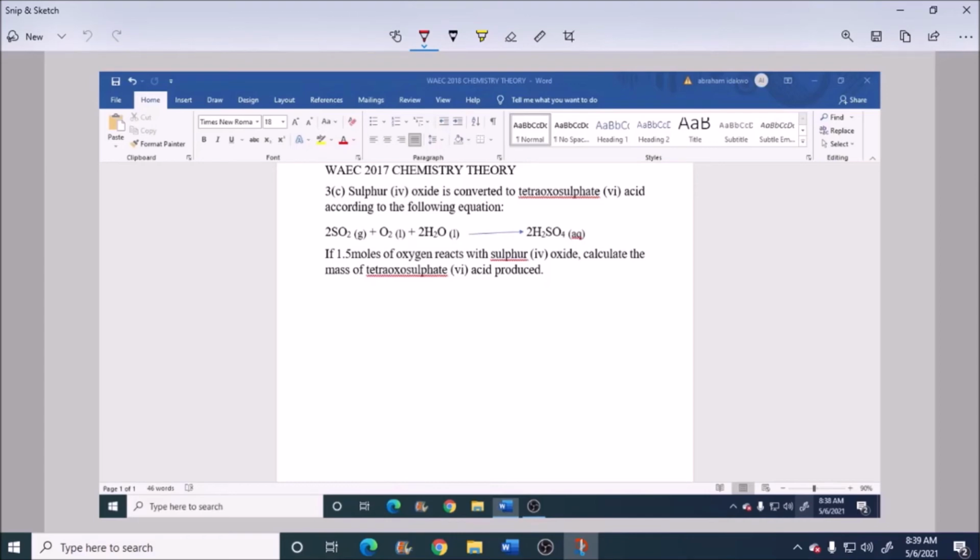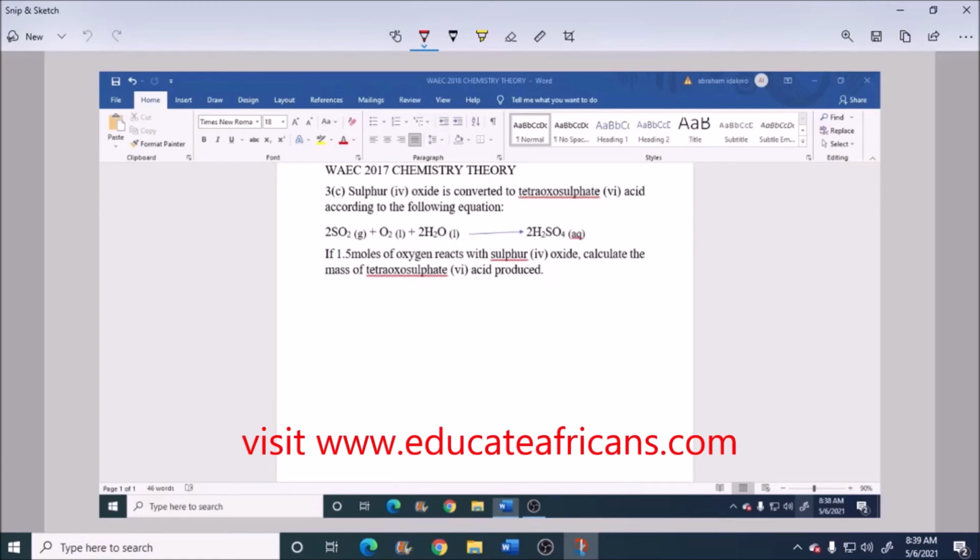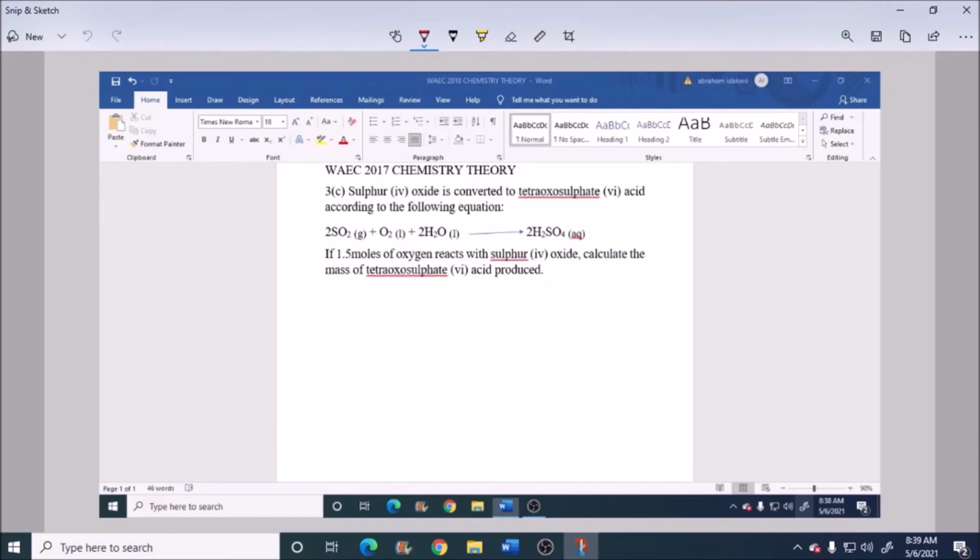And we were just asked to calculate the mass of tetraoxosulfate(VI) acid produced. Don't forget that the formula for calculating mass is: number of moles equals mass over molar mass. By making mass the subject of the formula, we have mass equals number of moles times molar mass.